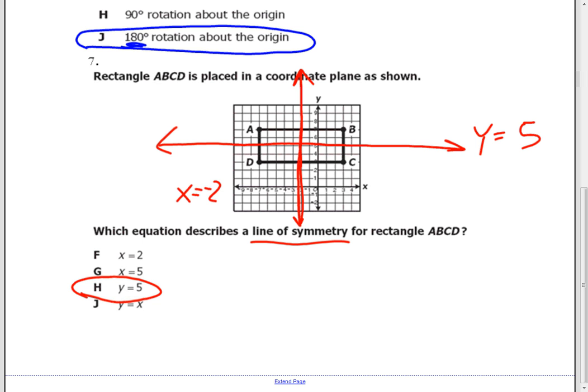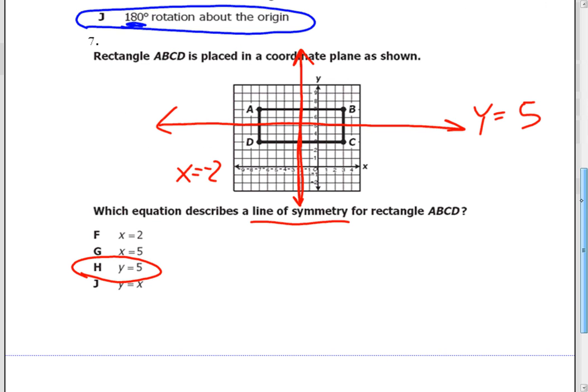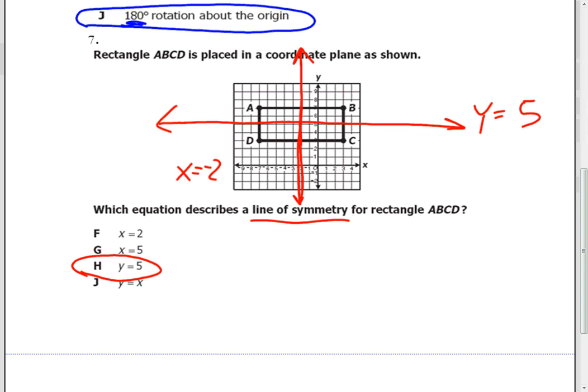Before we move on from that one, come back to that one for a second. Typically, the examples that you see are vertical ones and horizontal ones. What if you ended up having a line of symmetry that was like this?